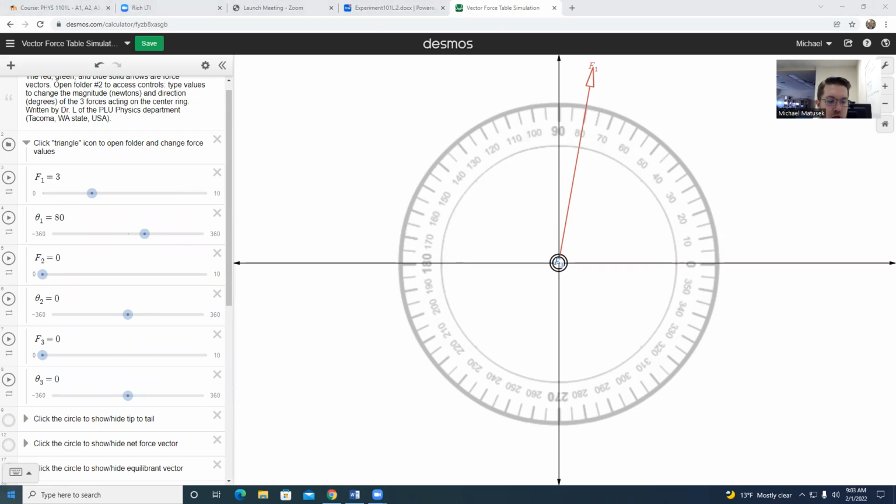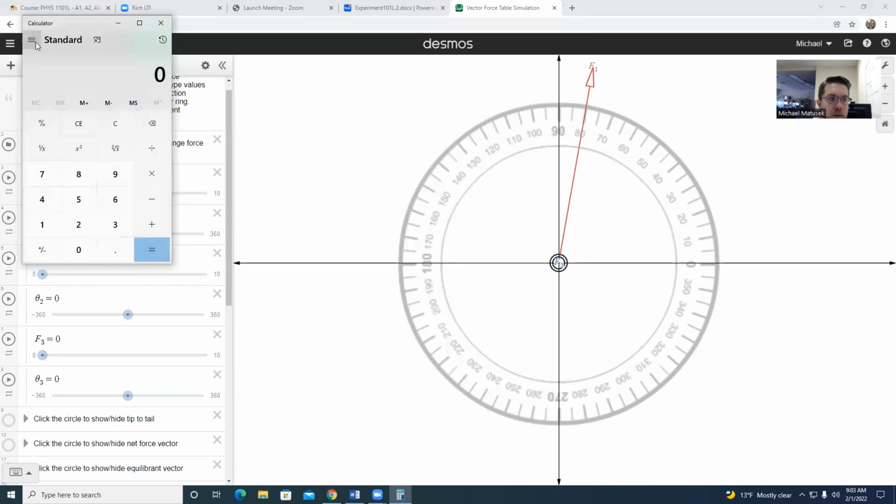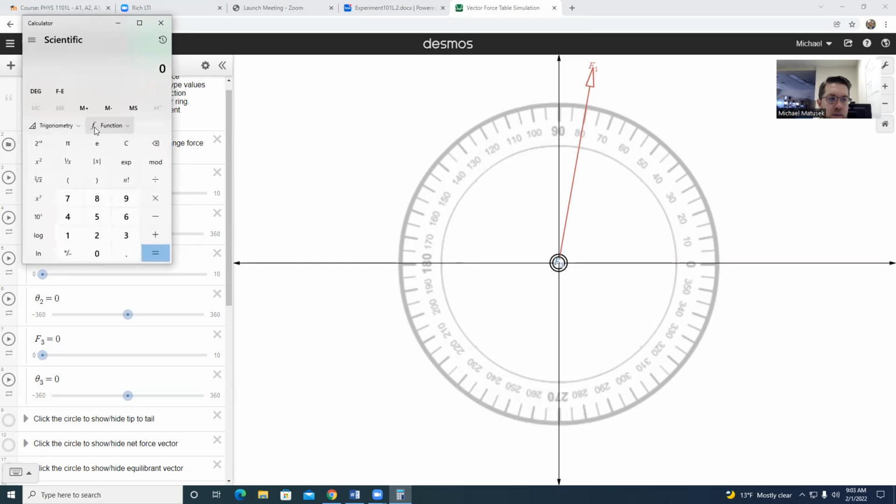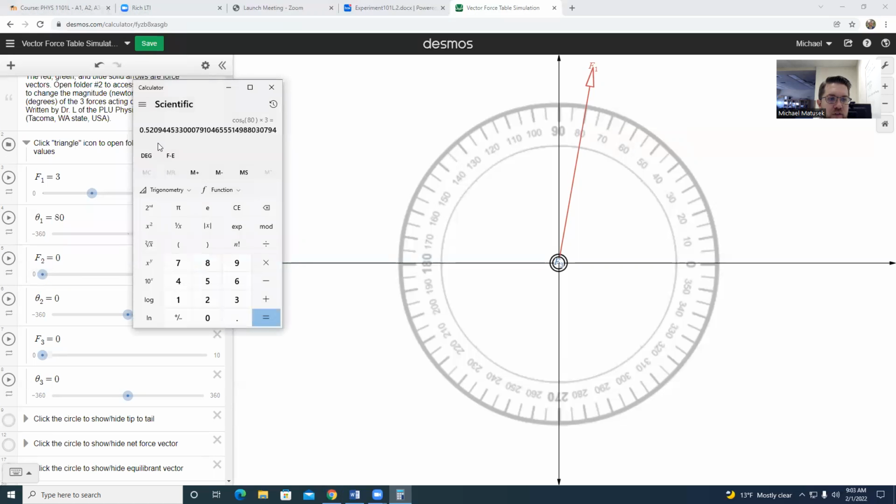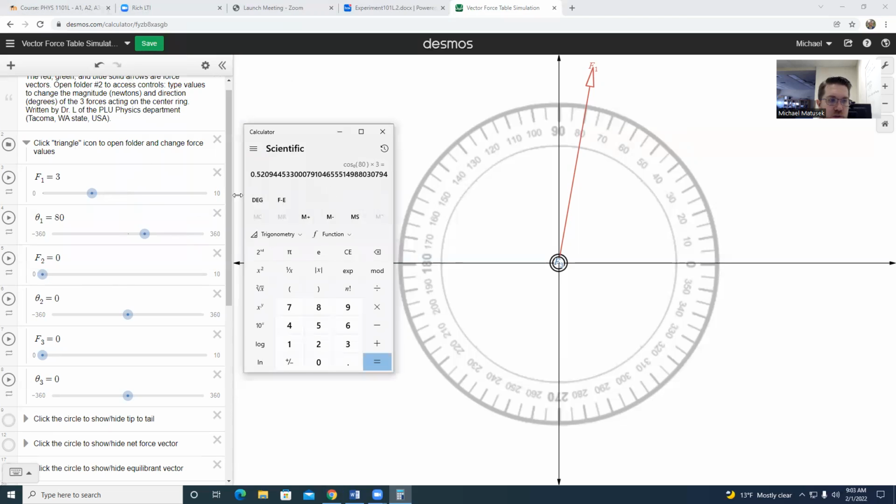As follows. Pull out your calculator. Make sure it's in scientific calculating mode. Punch in 80 degrees, then choose the cosine, and then multiply that result by 3 in the case of our vector. And so we need a vector that has 0.520 or 0.521 magnitude along the x direction.